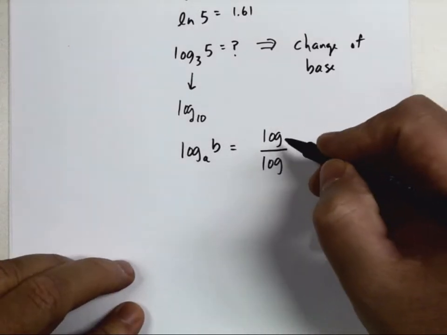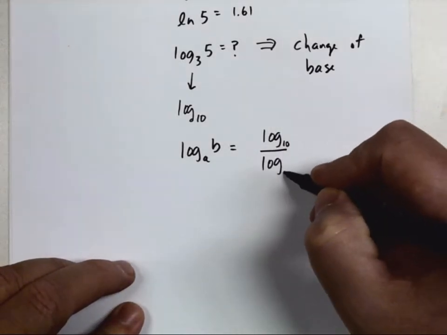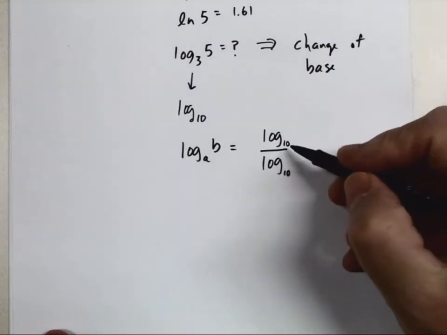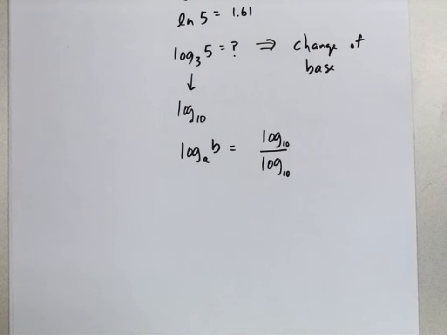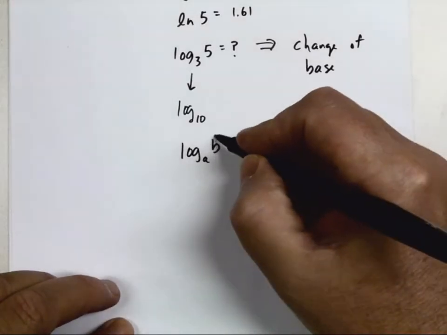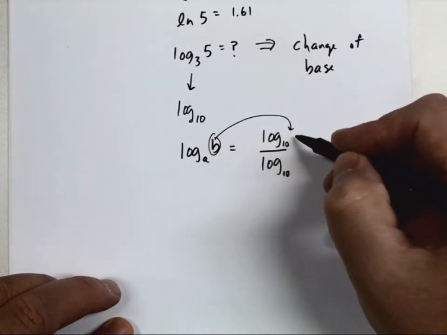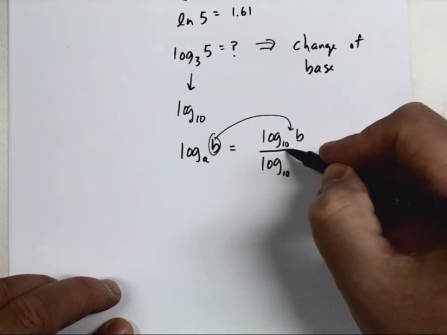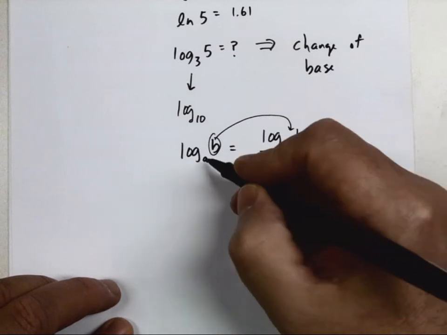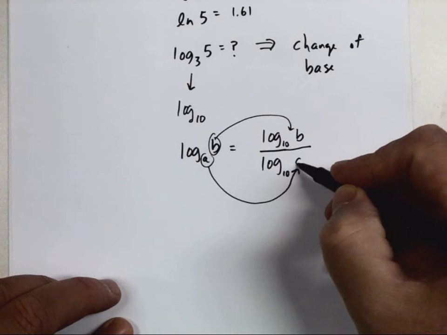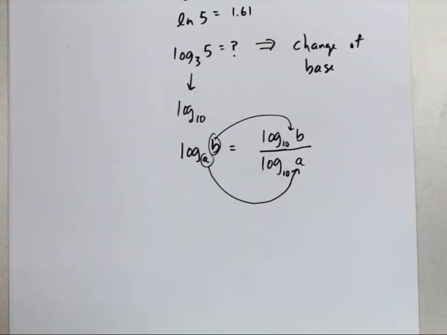I'm going to write 10 here, although I've told you we don't do that. But just to make it clear what's going on, I'm going to make the top and the bottom log base 10, which is what I like. And what you do is, the number inside the log goes right here, and my original base goes in the bottom.